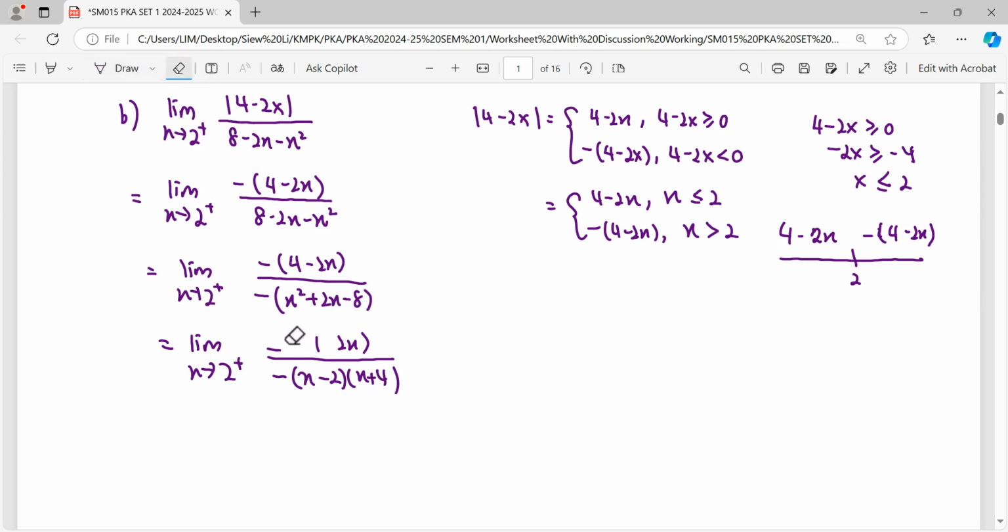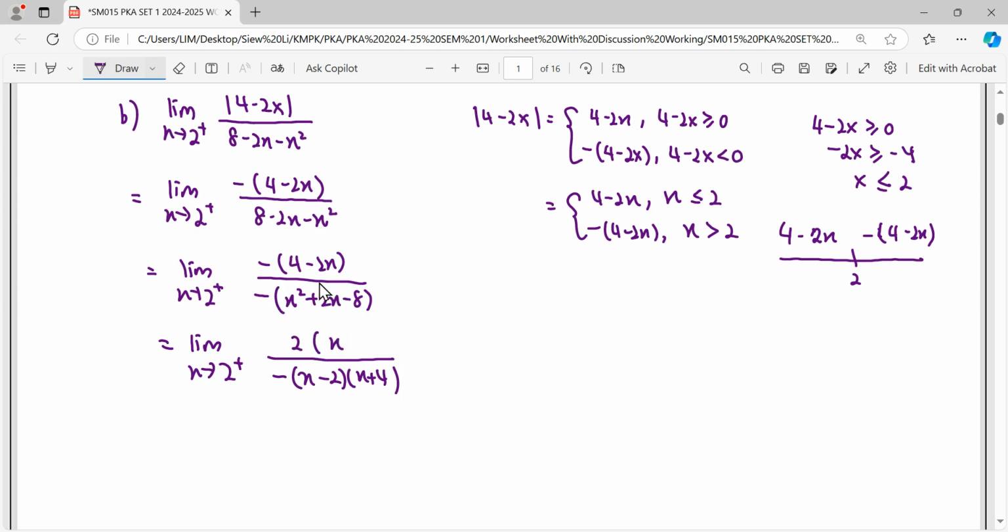So to simplify this, we will factorize negative 2 also. So negative 2 factorized with negative, it becomes positive 2. So when you take out negative 2, you get here negative 2.